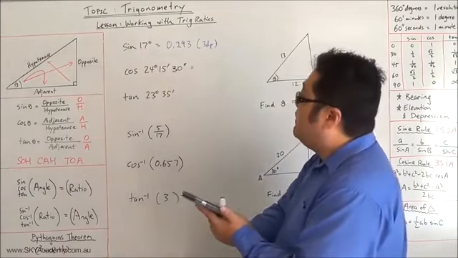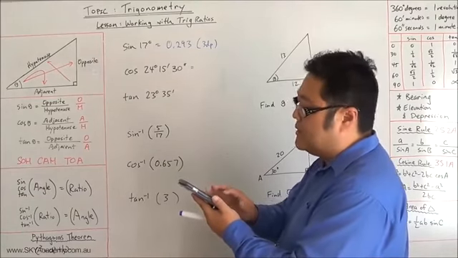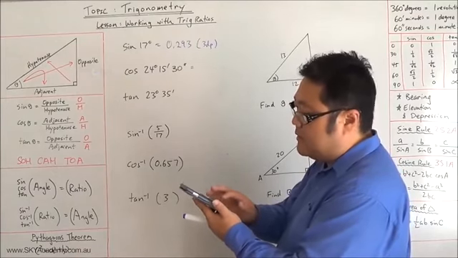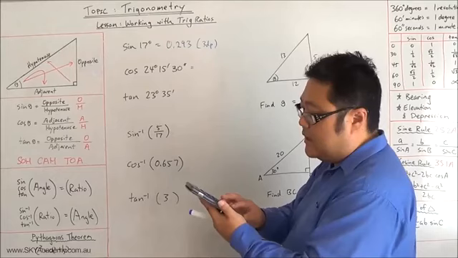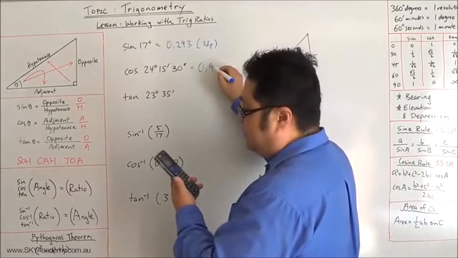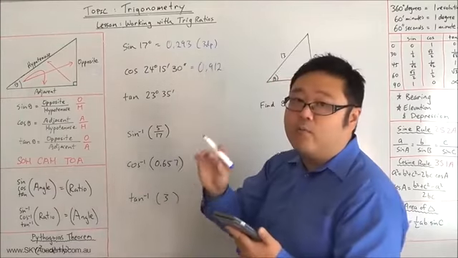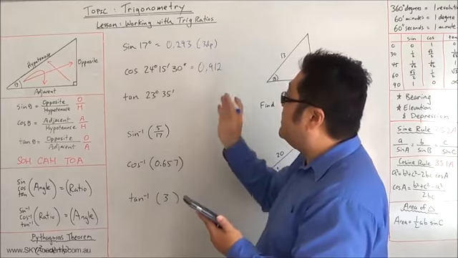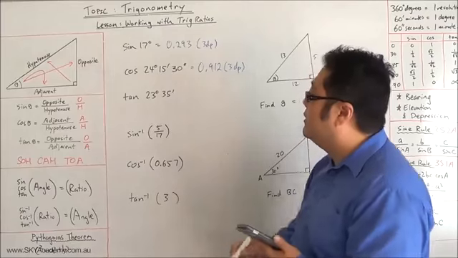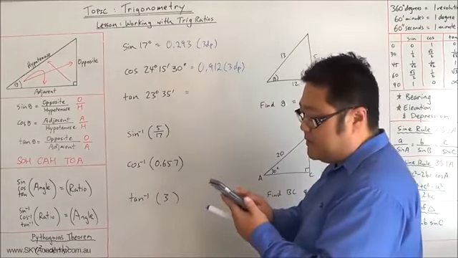So you press 24 degrees, minutes and seconds, 15 degrees, minutes and seconds, 30 degrees, minutes and seconds, close your brackets, equals, and that should give you 0.91, and to 3 decimal places it's 12, even though you might have 11, but then the 7 after it means that you round it up to 2. So that's the 3dp.